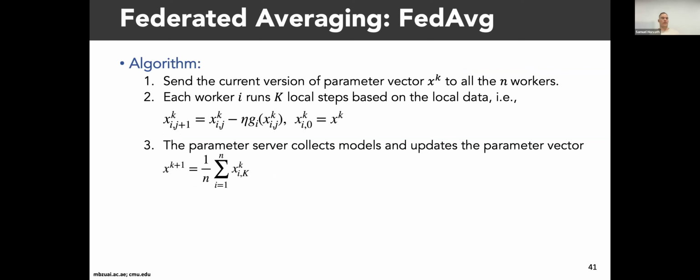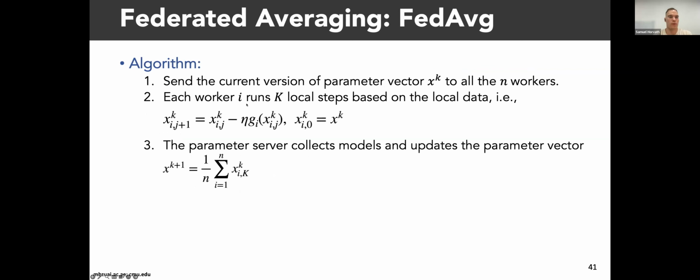So one of the workhorses of federated learning, or sometimes people think about this as a synonym to federated learning, is the federated averaging algorithm, where instead of running a single step, we receive from the server the parameter vector xk that's received by all the workers.